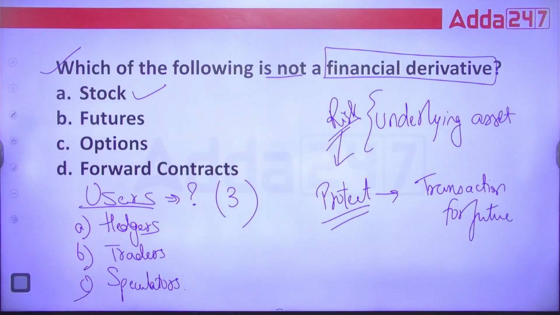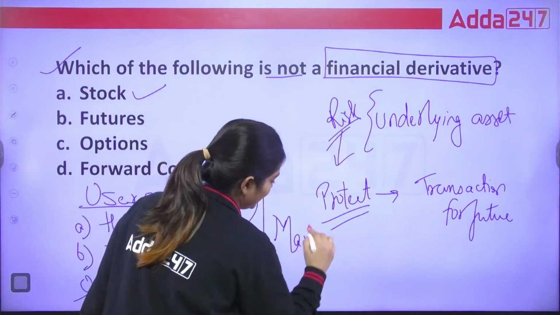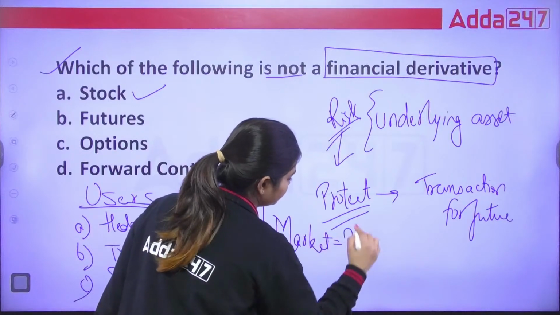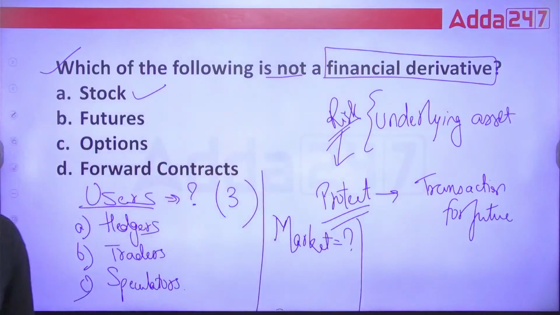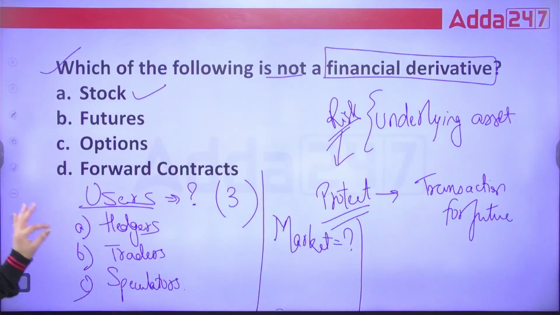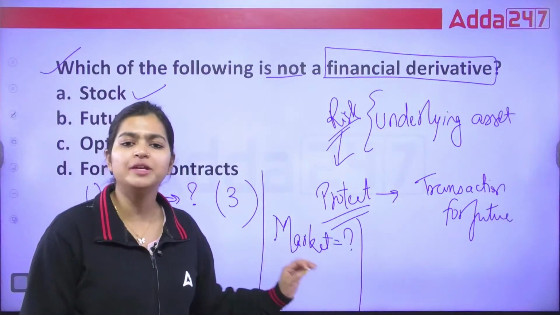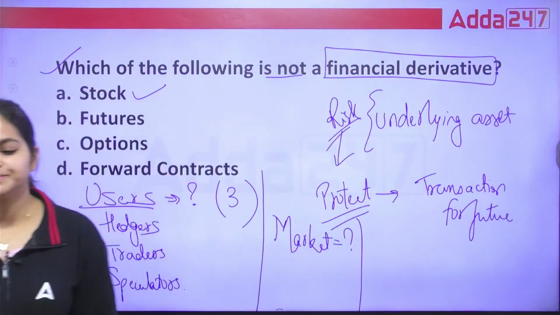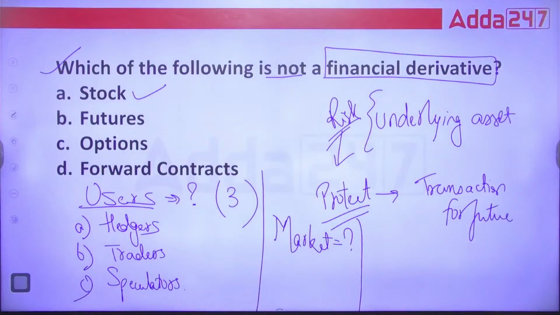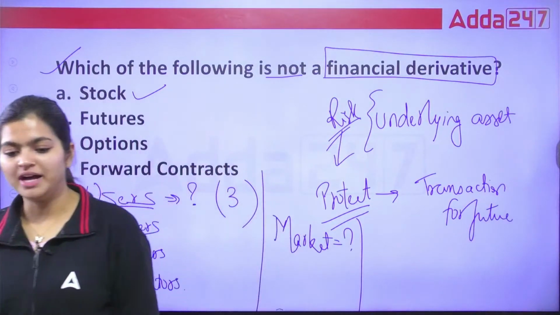Then, do you know how many derivative markets we have? We have three types of users: hedgers, traders, speculators. Next I am asking, how many markets we have under derivative?